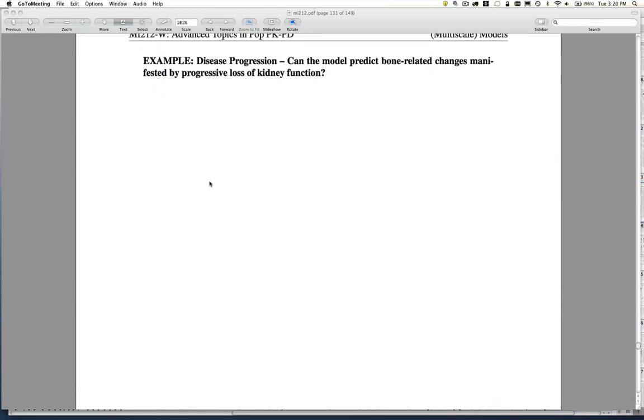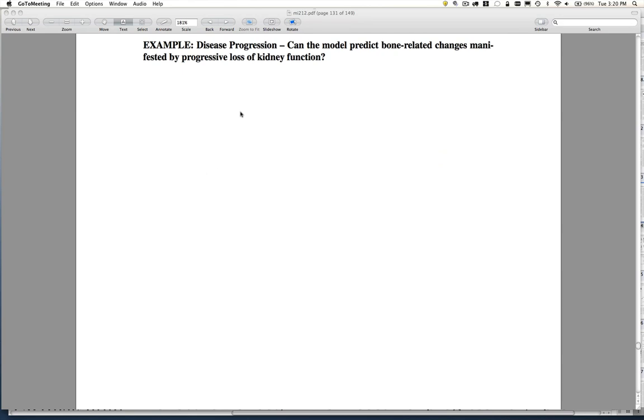One final example, not to beat a dead horse on this, but just to show the utility of a model like this once you develop it.